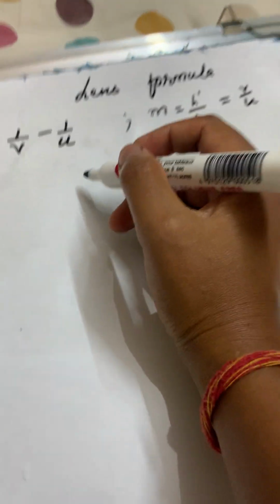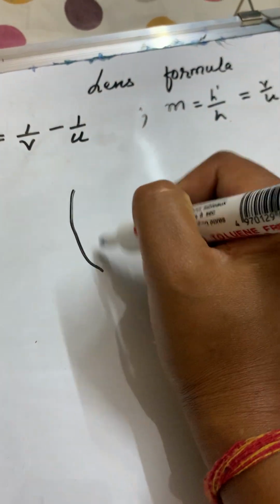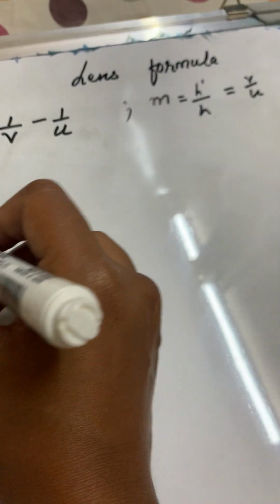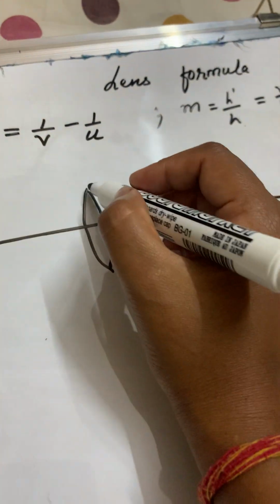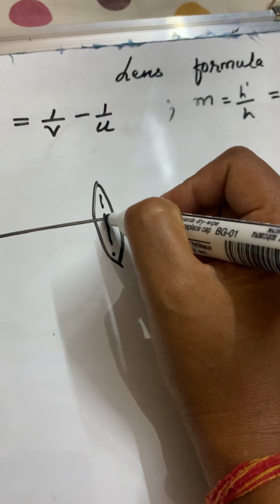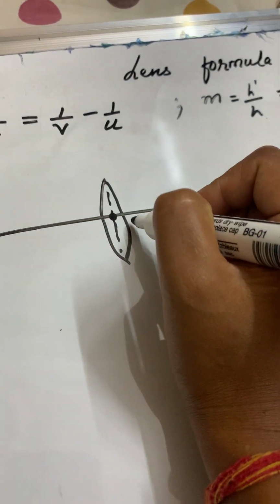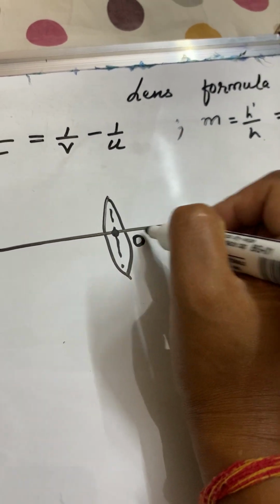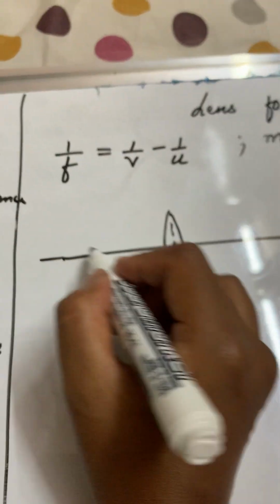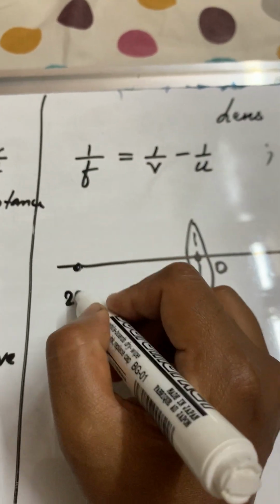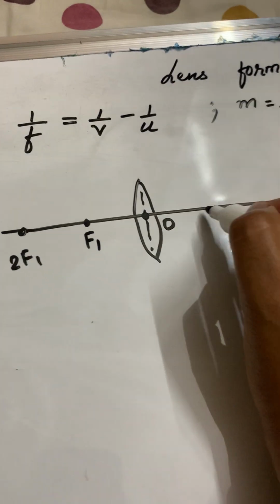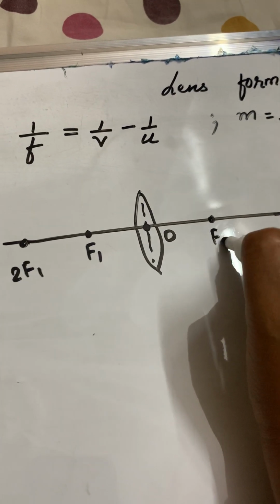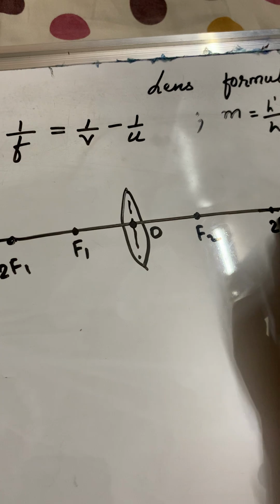Okay, now we can take the questions like, suppose here is a convex lens. Okay, I'm doing it. The conventions will be the same. Okay, now all the measurements in this case should be from the optic center. Okay, now I'm choosing this one as 2f1, this as f1. Okay, this is f2, and this is 2f2.